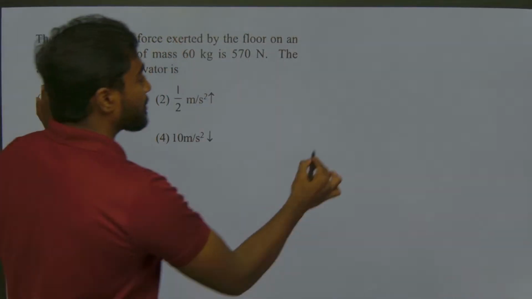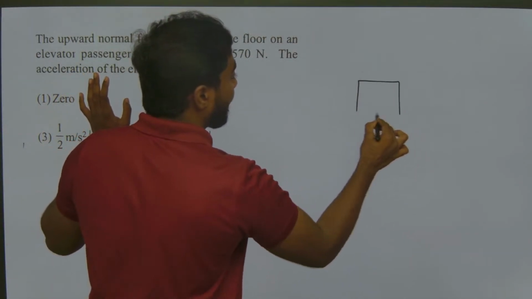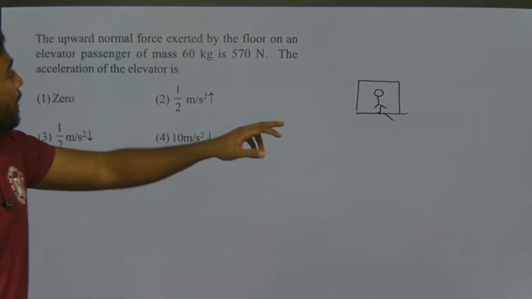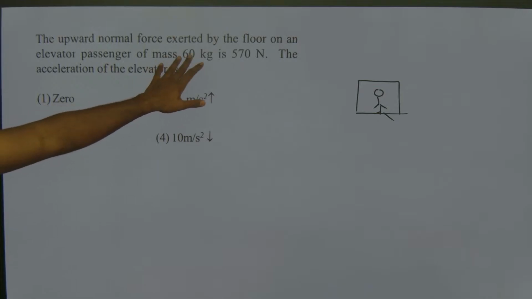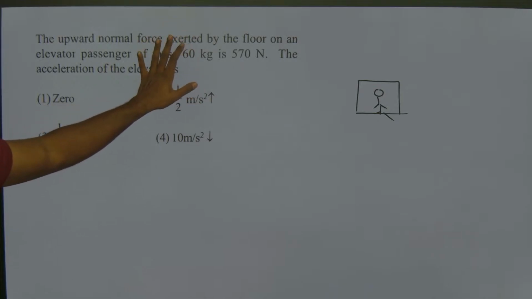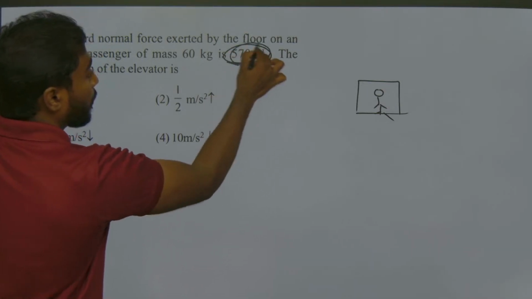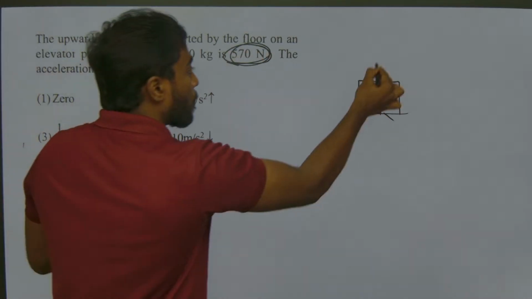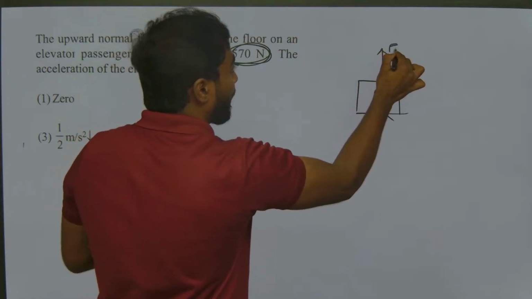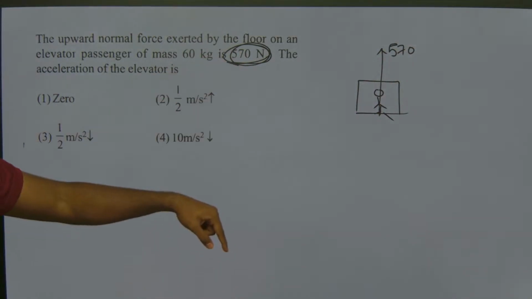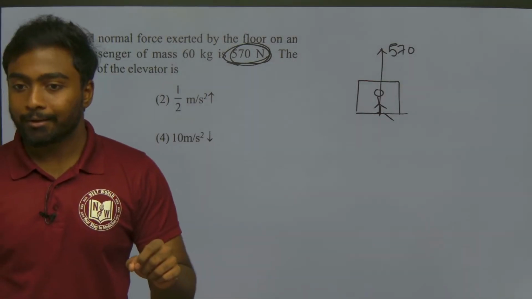Suppose let me consider there is an elevator and a man is standing inside. They are saying the passenger's mass is 60 kg. The upward force is 570 Newton, in this direction. So what will be the weight? Weight is nothing but mass into gravity.